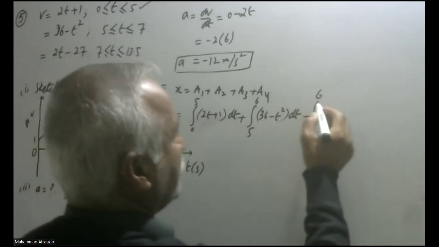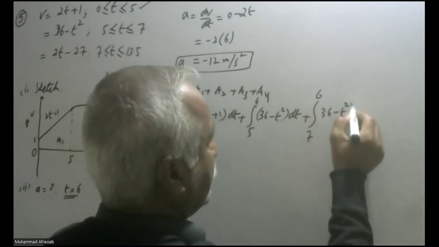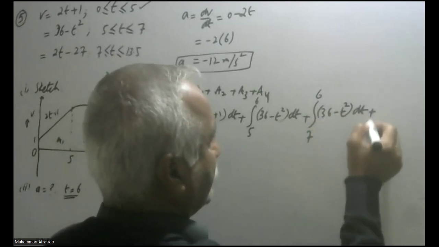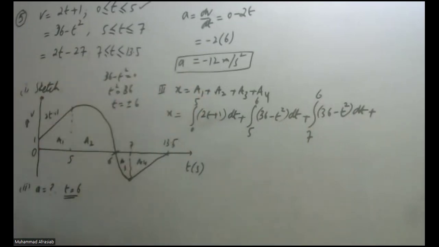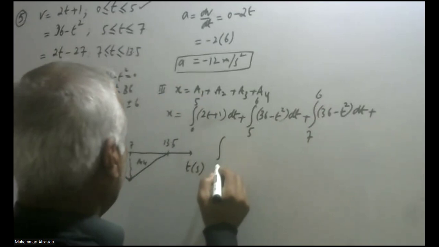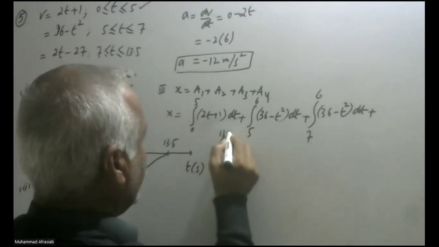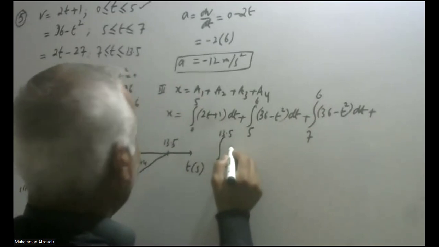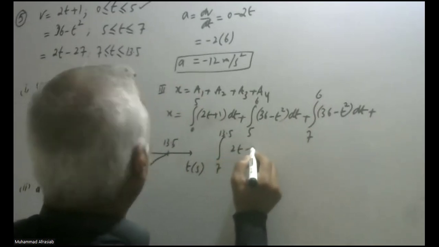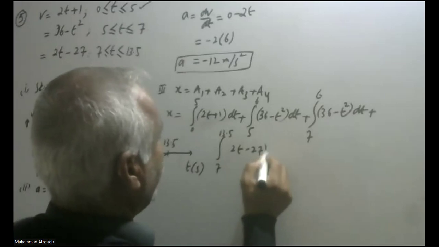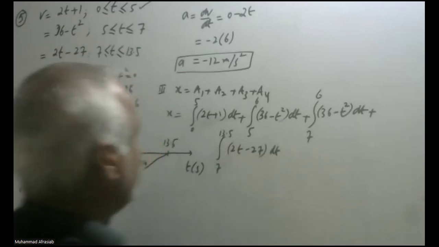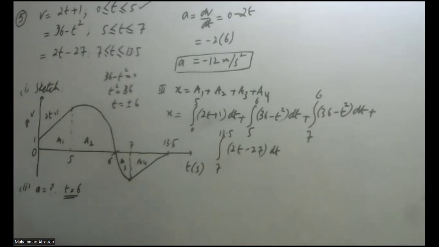And again, the equation is the same there, 36 minus t squared dt, plus the last part, which is the integration from 7 till 13.5 of 2t minus 27 dt. Even you can use the trapezium rule and the right-angle triangle for this calculation, but we are going to do this part by calculus. So this is one way of solving it.